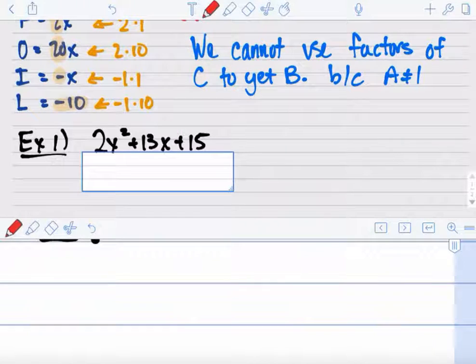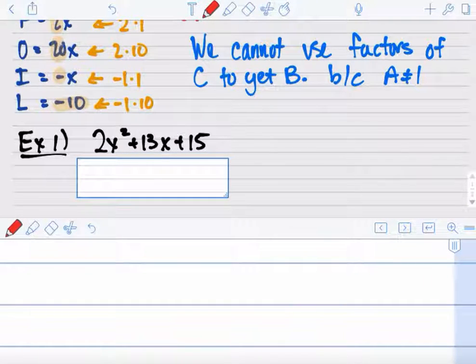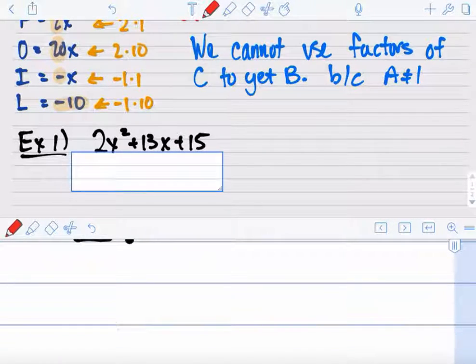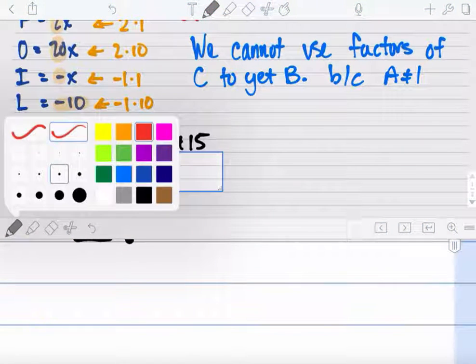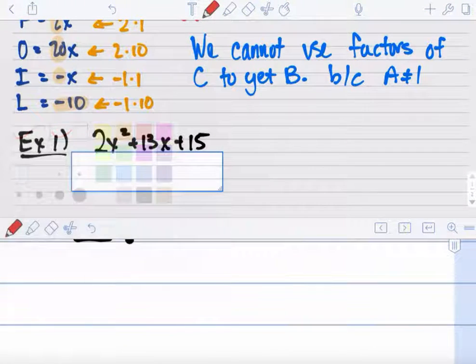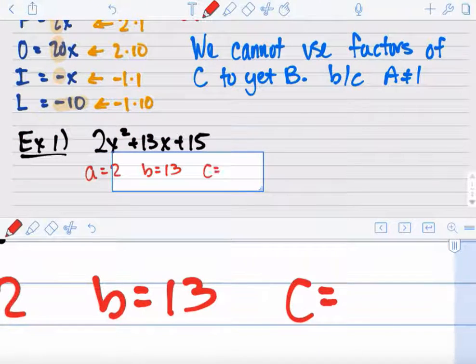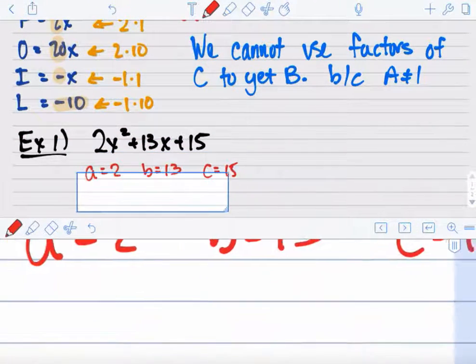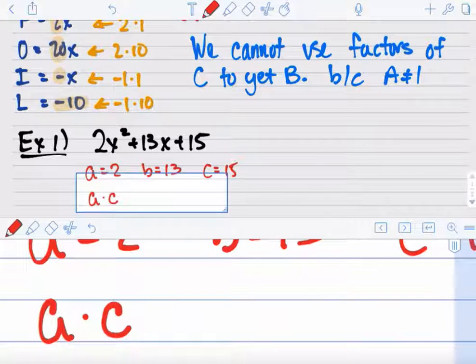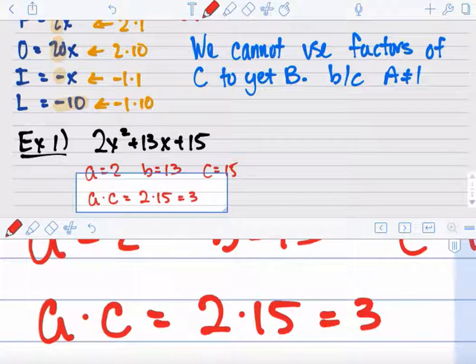I'm going to start by finding what A, B, and C are. For this problem, A is equal to 2, B is equal to 13, and C is equal to 15. Then I'm going to ask, what does A times C equal? Well, that's 2 times 15, that's 30.